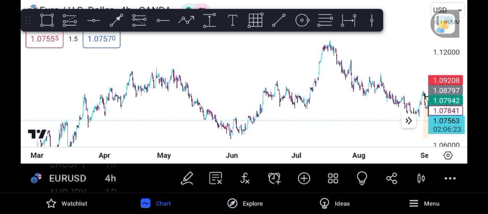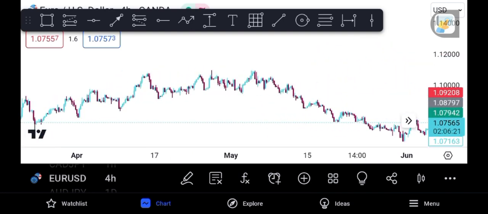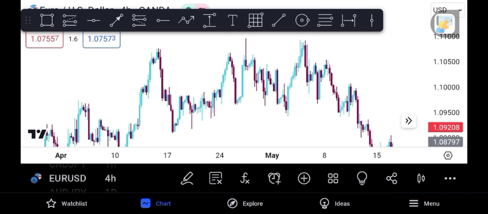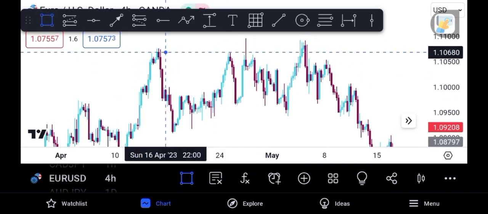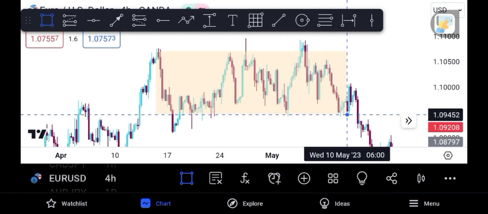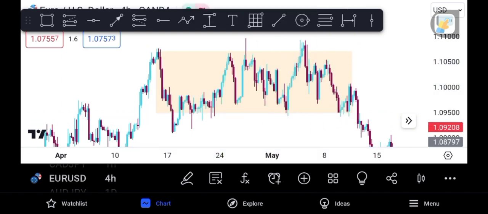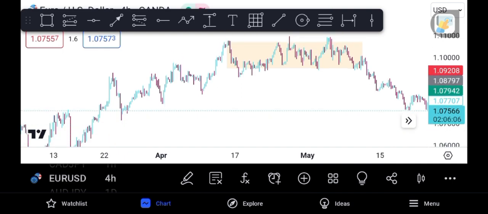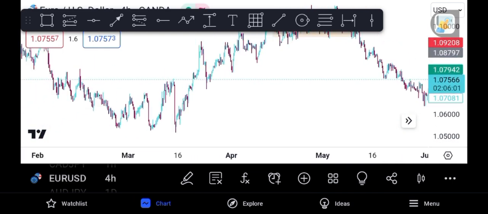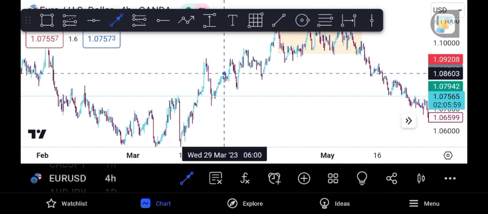Let's look at a consolidation market. Initially this market was doing higher highs, higher lows, higher highs, higher lows. It was in an uptrend initially.